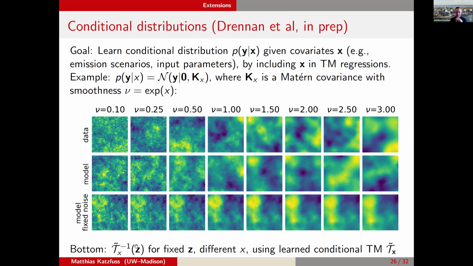And because we have this transport map expression, we can also simulate a particular Z from a standard normal and transform that using our map, which now is a function of X because we have this conditional distribution as a function of X. And we can transform the same Z that we've simulated using T tilde X inverse of Z for different X's. So for X corresponding to smoothness 0.1, smoothness 0.25, and so forth, we essentially take the same field and modify its smoothness. Again, without the transport map actually knowing that this is just the smoothness parameter in the Matern. It's learning all of that just from the data.